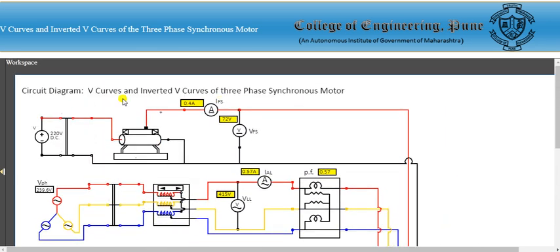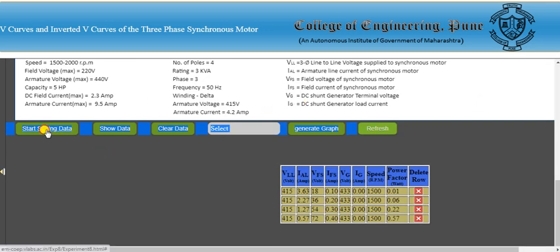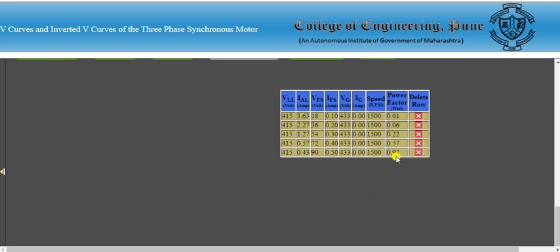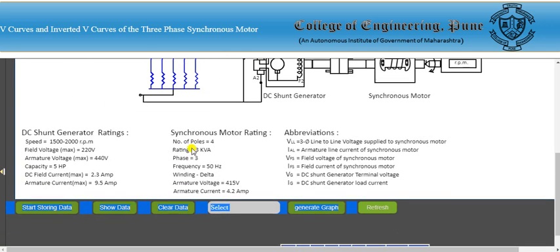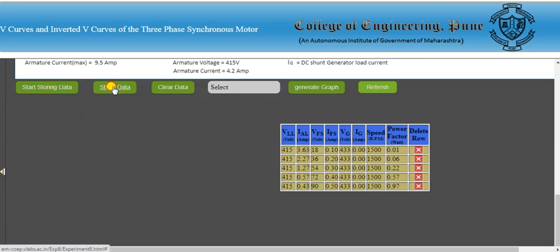Then again 0.5 ampere field current, store data, show data. The power factor becomes 0.97, which is close to 1. Now again increase to 0.56, store data, show data.